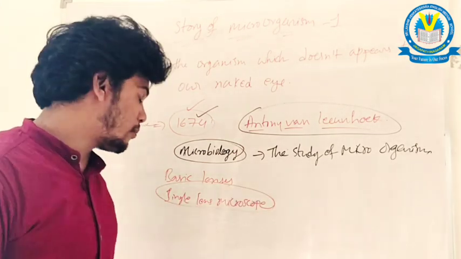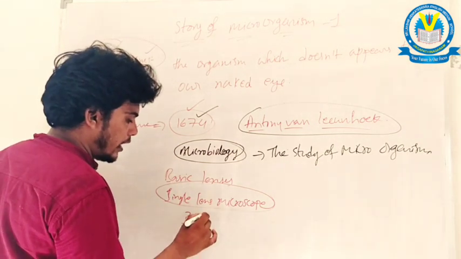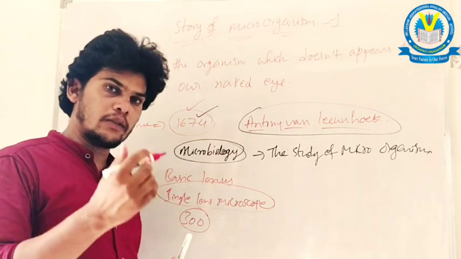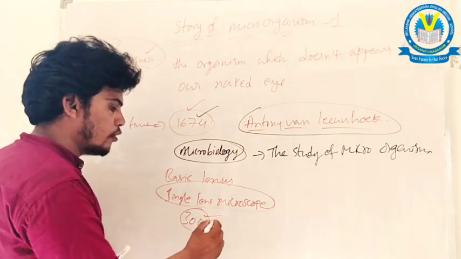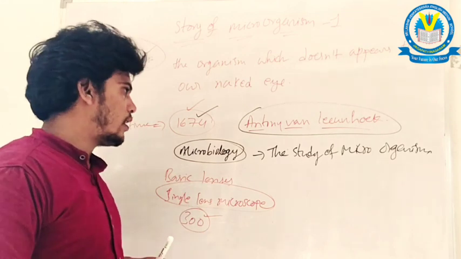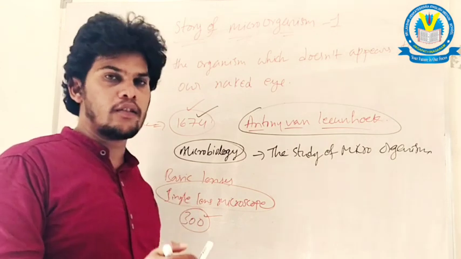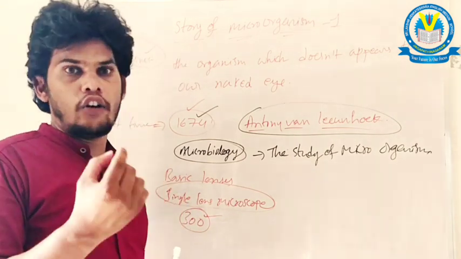It is a very powerful microscope. It makes the organism appear 300 times bigger than the original. By using this single lens microscope, he observed the first microorganism in a drop of pond water.